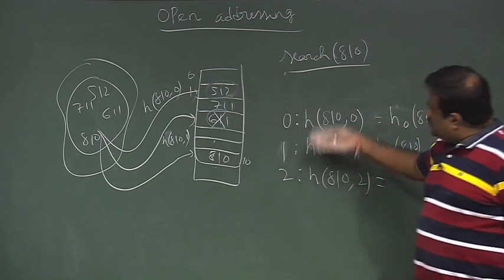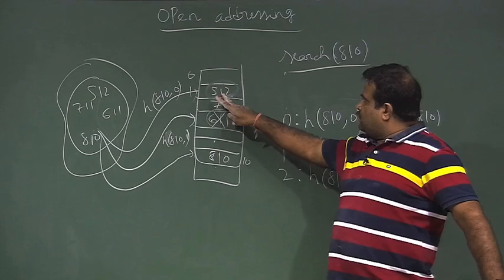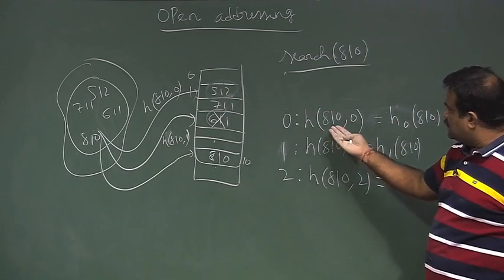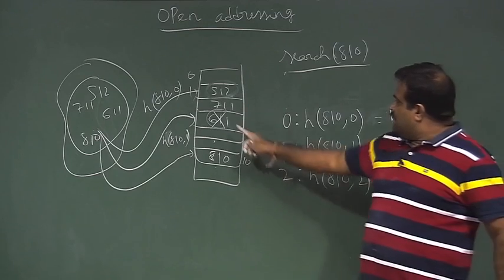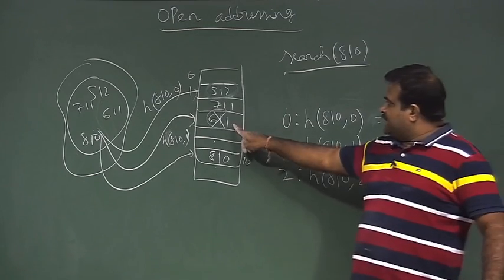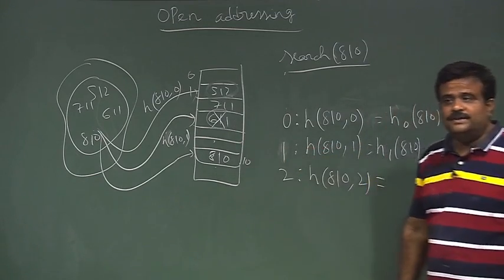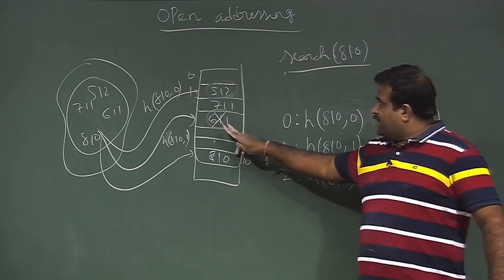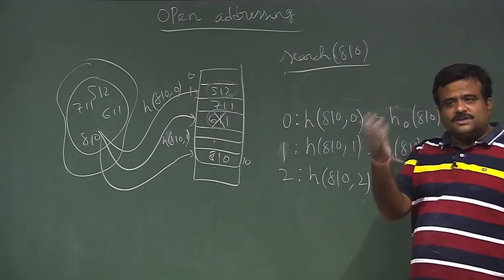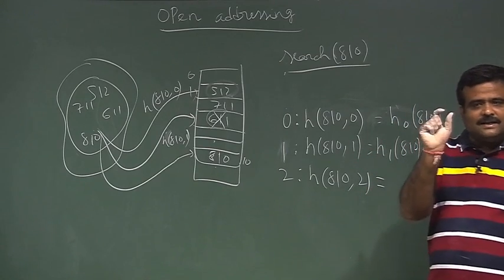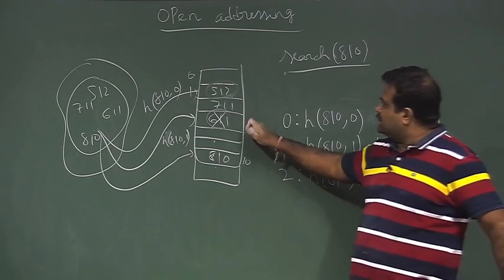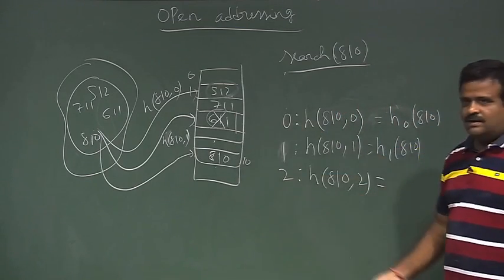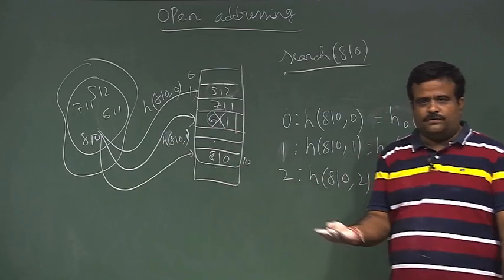We follow the probe sequence: in the 0th probe we hit here, we check 512 is not matching 810, then we go for the next probe, it is hitting an empty slot, and then we stop. But this is not correct, because it was not originally empty, somebody was there but it got deleted. So that information has to be kept somewhere, in a single bit, so that we can go further. Otherwise, if we see an empty slot, we will stop.